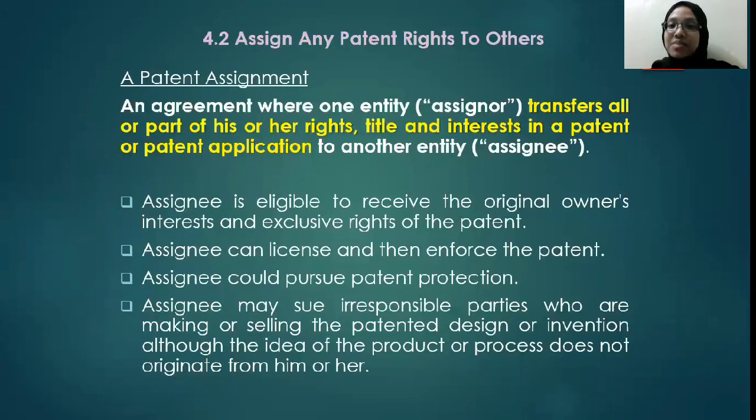The assignee will be eligible to receive the original owner's interest and exclusive rights in the patent. The assignee can license and enforce the patent. The assignee could pursue patent protection and sue infringing parties who are making or selling the patented design or invention, although the idea of the product or process does not originate from him or her.